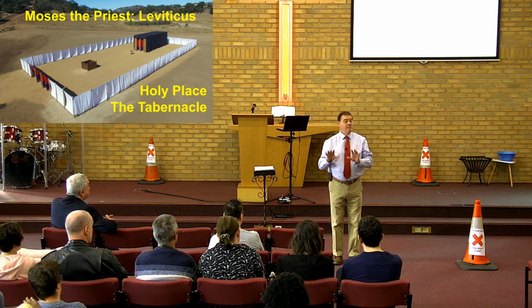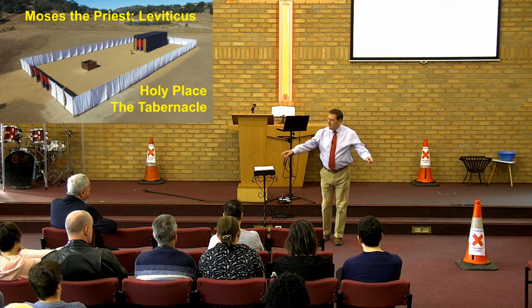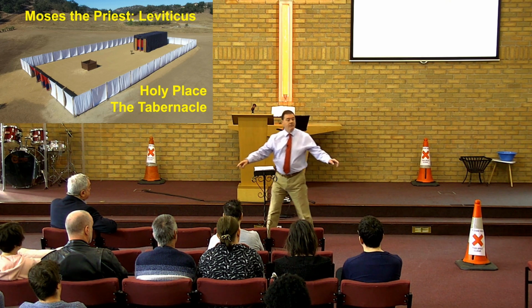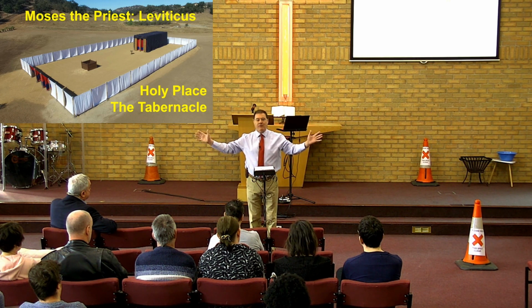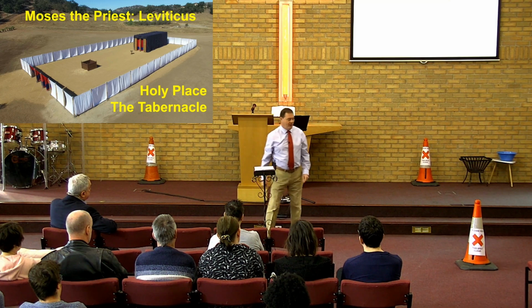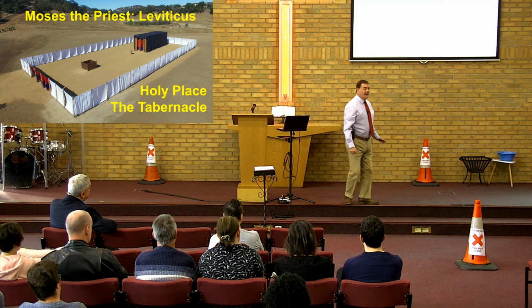You've got three big items of furniture, which we're going to look at in a minute. And then beyond this, you can't see me, because there's a dirty big curtain up here, a really large curtain, and nobody was ever allowed inside that curtain except one man, the high priest. And when you come into that side of the curtain, you'll see what was in there.